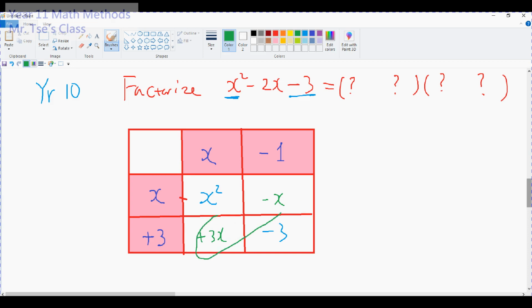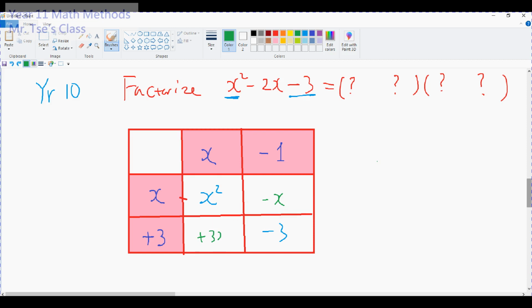So when you try to add these two things together, what will you get? You get plus 3x minus x, so that's plus 2x. Okay. So is that correct? When you compare to the middle term, minus 2x. Oh, no. So that means it's not correct.